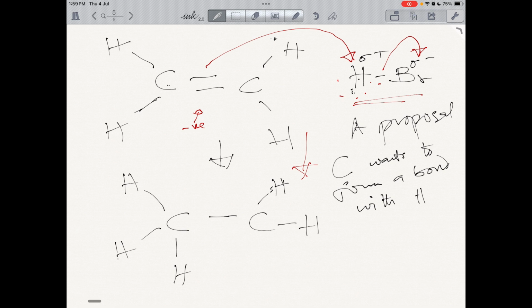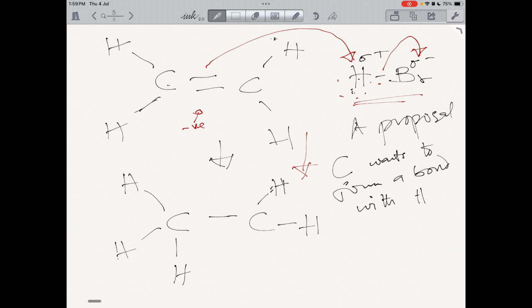Now you would understand that the pi bond that attacked the hydrogen was donated by both of the carbons.